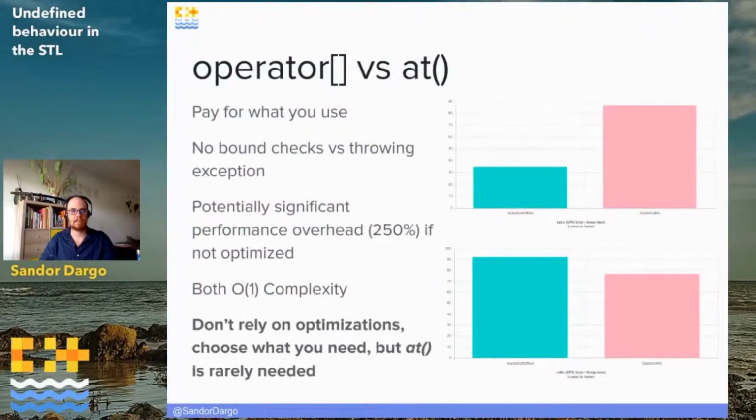So probably this is the most basic example of undefined behavior in the STL: the offset operator versus the at method. Well, first, what's the very, very important concept in C++? That you pay for what you use.